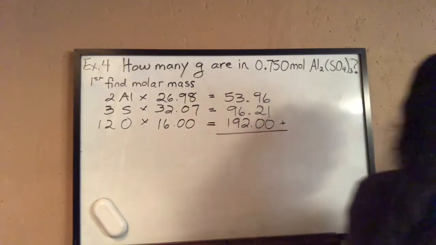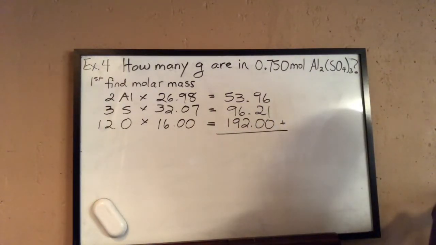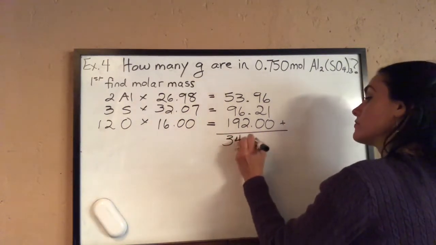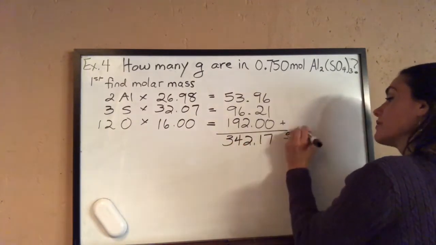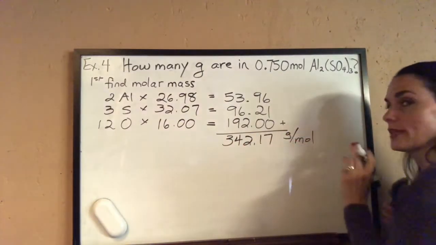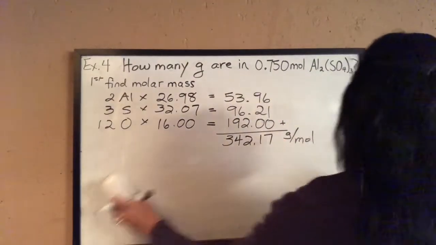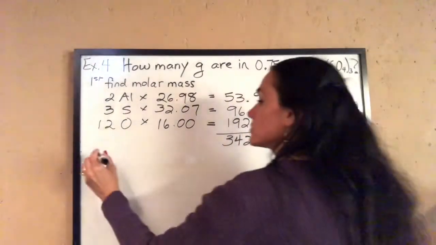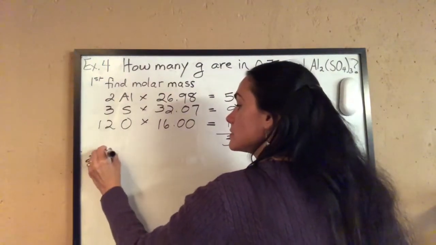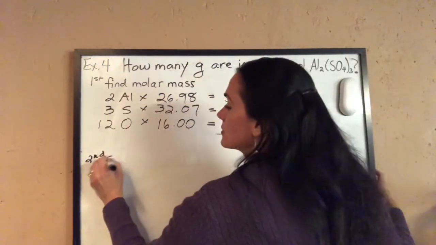Now we add these together to get the molar mass. 342.17 grams per mole. And that's what we will use as a conversion factor to go from moles into grams, which is our second part.